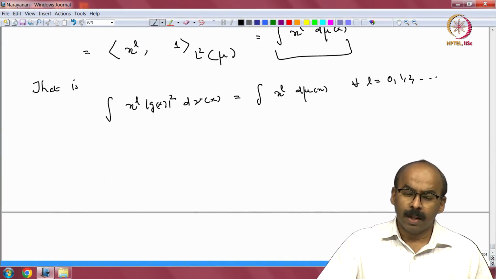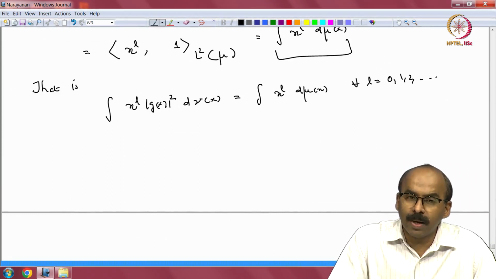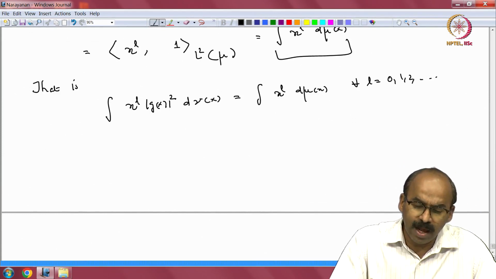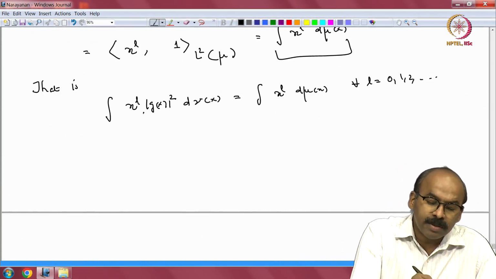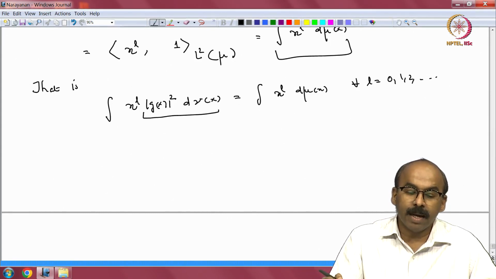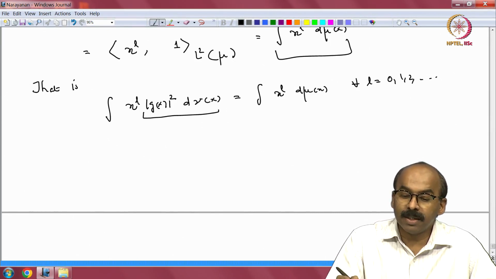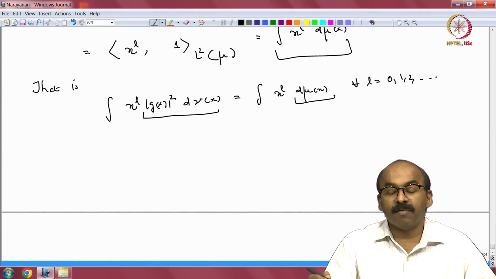So this implies, well, this is a standard argument. We have already seen this in this course itself. If I look at the measure mod g x squared, a positive function, times nu, that measure and the measure mu will have to be the same, because they have the same moments.